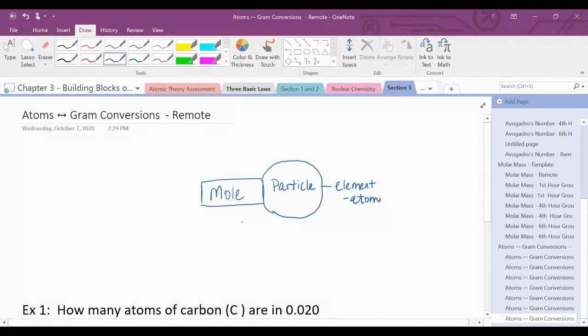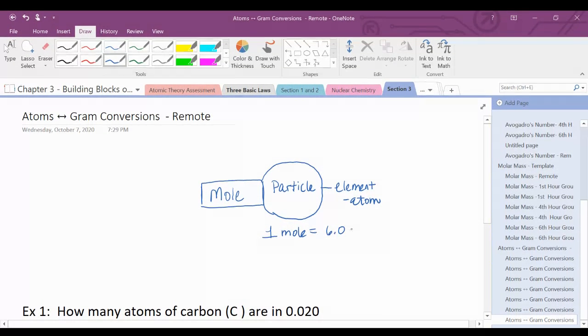And we know that the relationship between moles and particles is that for every mole, there are 6.022 times 10 to the 23rd atoms. This number is known as Avogadro's number.